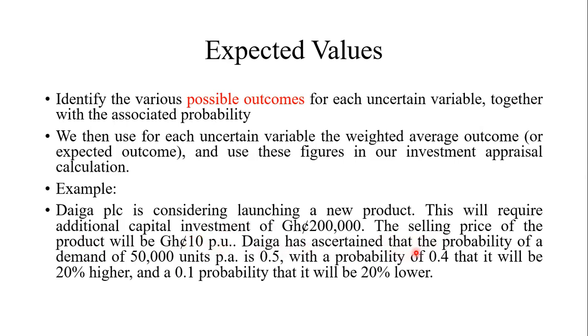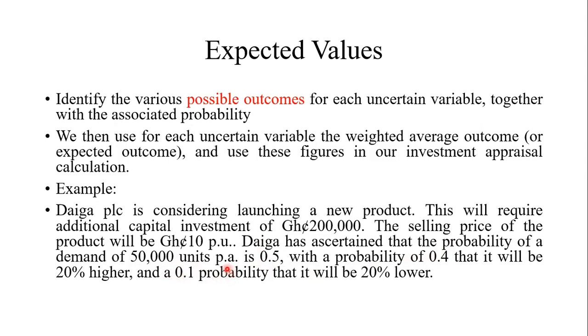D has ascertained that the probability of a demand of 50,000 units per annum is 0.5, with a probability of 0.4 that it will be 20% higher, and a 0.1 probability that it will be 20% lower. Now remember that probabilities must add up to 1, okay? So the total: 0.5 plus 0.4 making 0.9, and then 0.1, totaling 1.